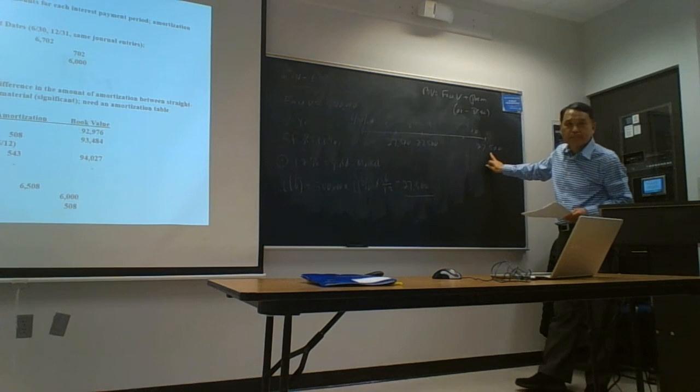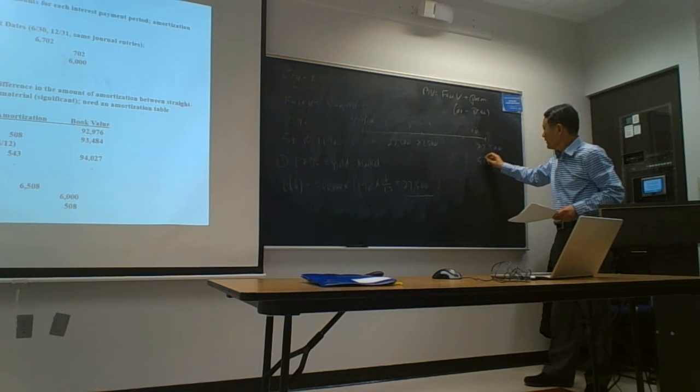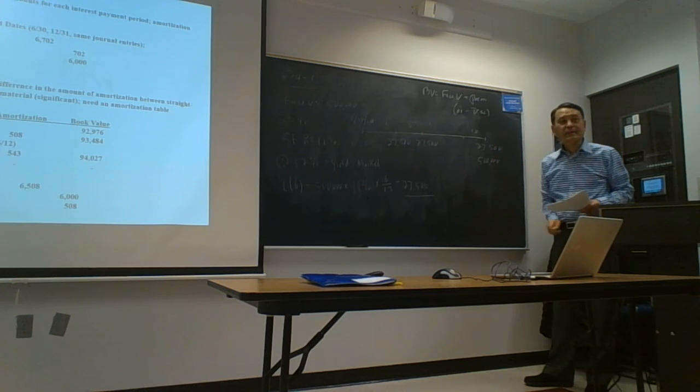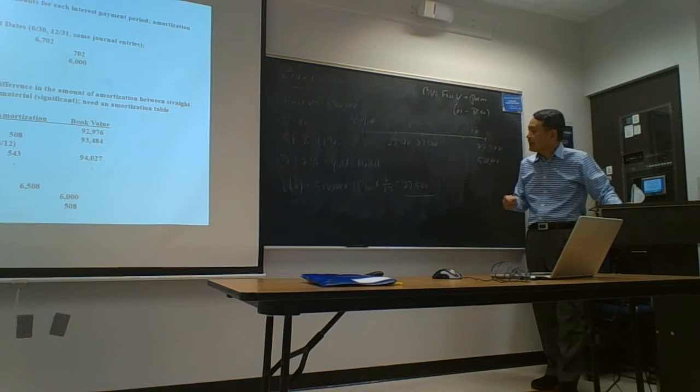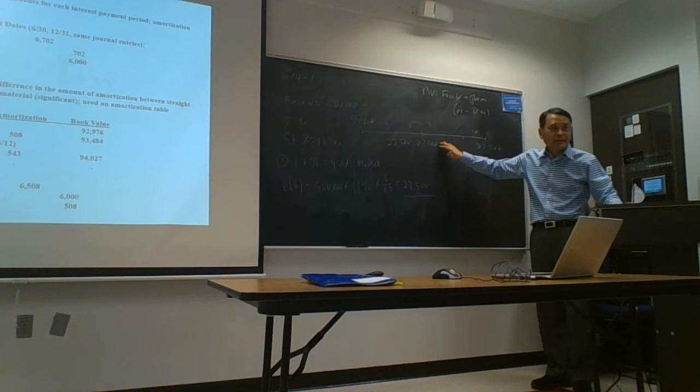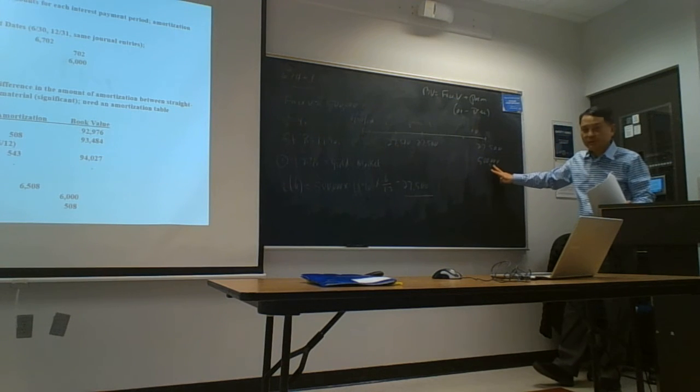At maturity, at the end of the life of this bond, this company would have to pay $500,000 back to bondholders. So we have 2 cash flows: the cash flow for interest payment and the cash flow for principal payment, $500,000.